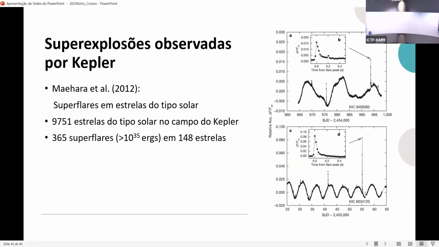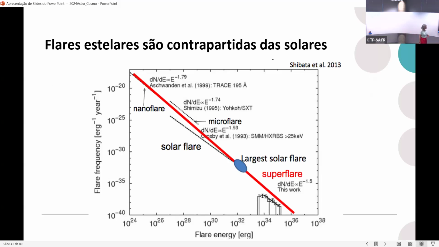So in the data there are many flare stars where you can see these huge spikes, which increase the brightness of the star by 8%, and these are superflares. They are flares which are about 1,000 to 10,000 times more energetic than solar flares.